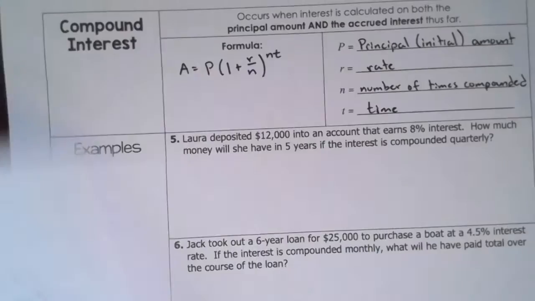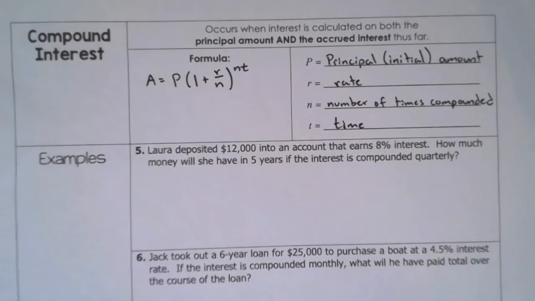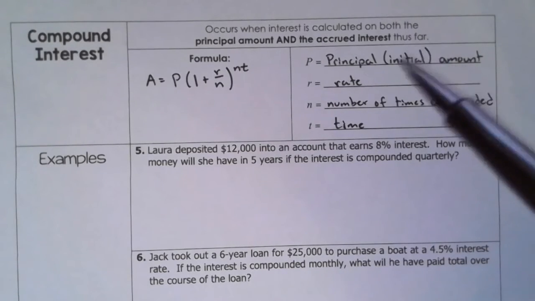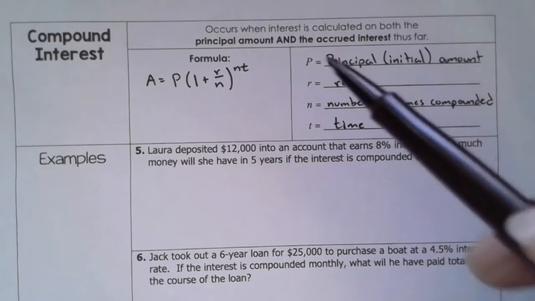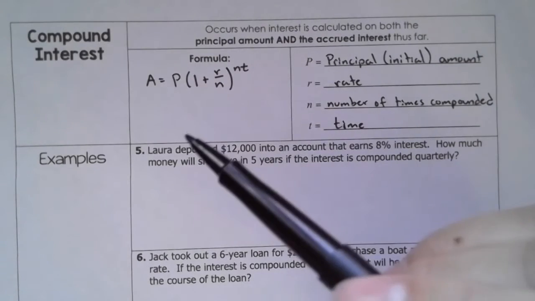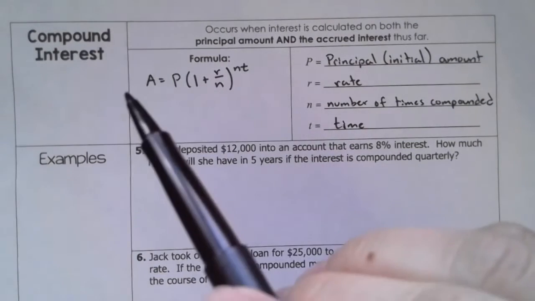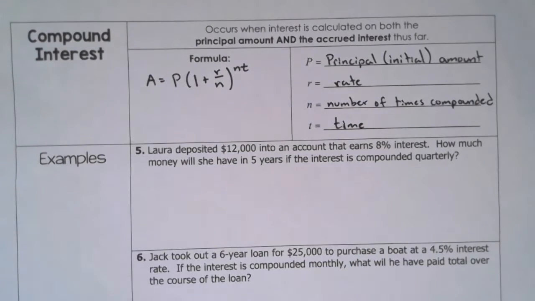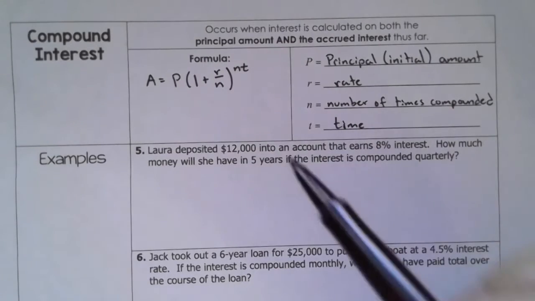Finally, the last one is compound interest. This might be the more difficult one to remember. This one occurs when interest is calculated on both the principal amount and the accrued interest thus far. So A is equal to P times 1 plus R over N to the N T, and times T in the exponent.